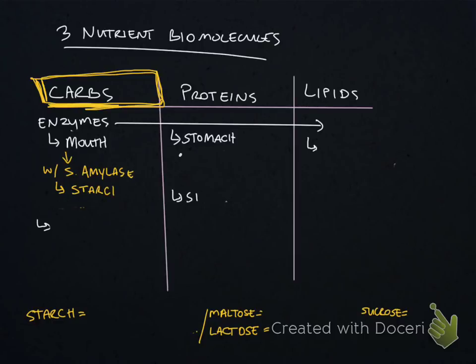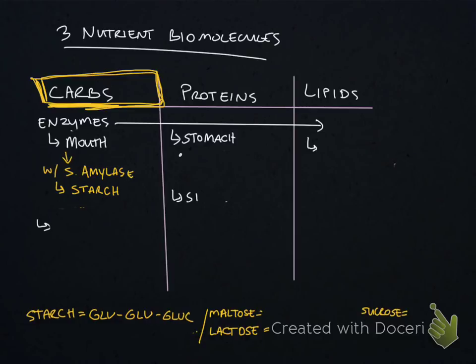And if you remember, starch is actually a long chain of carbohydrates or a long chain of glucose. So it's like, here's a glucose connected to another glucose, connected to another glucose, and so forth. So it's a long group of glucose molecules.